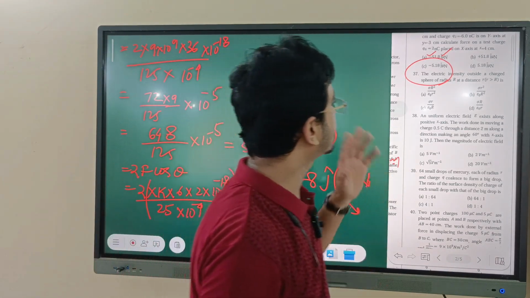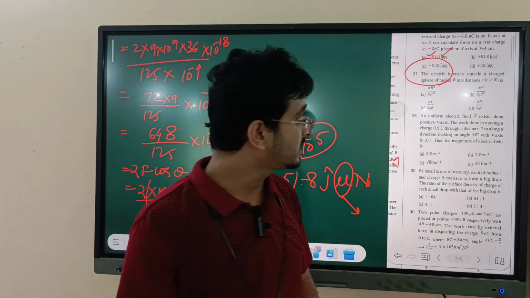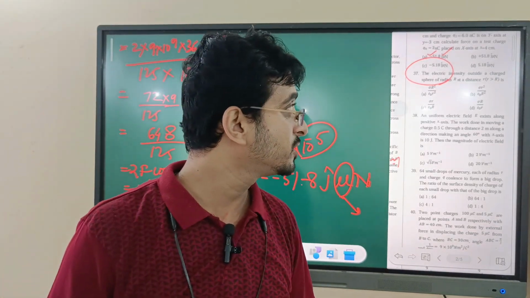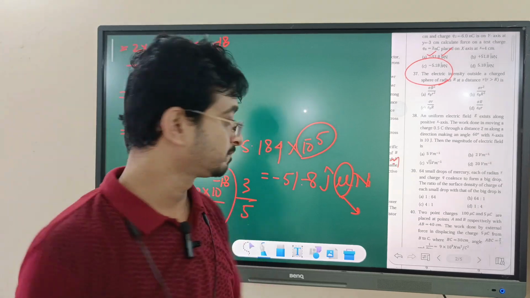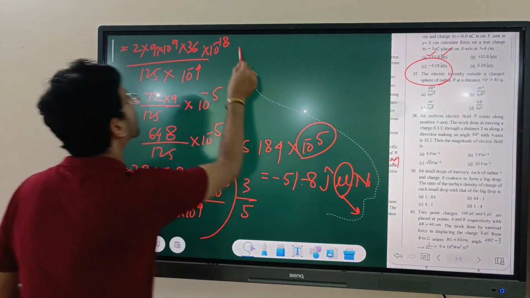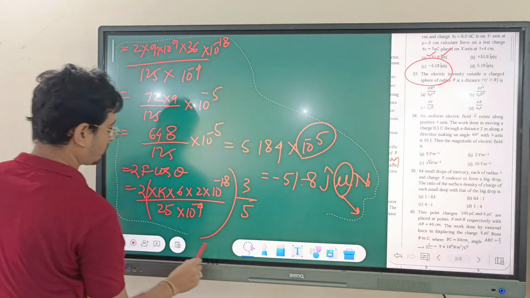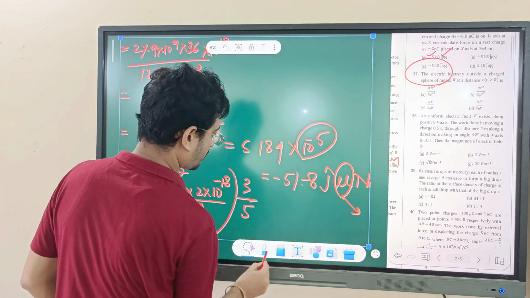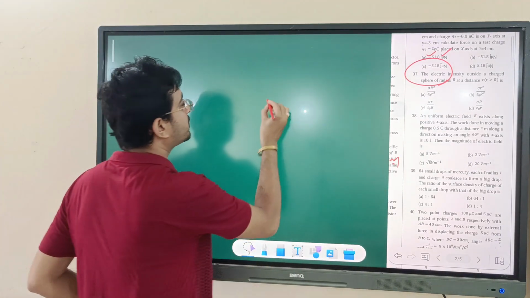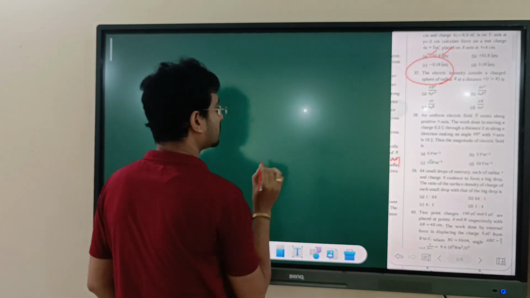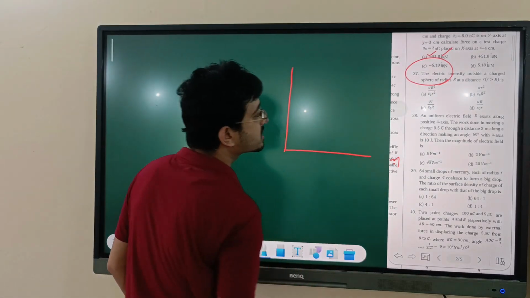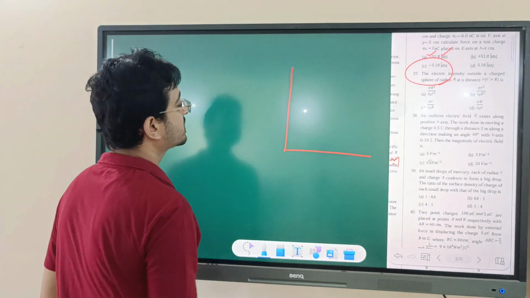Then the next question is the electric field intensity outside a charged sphere of radius r at a distance. Let me draw the graph first, the graph for a sphere of radius r.